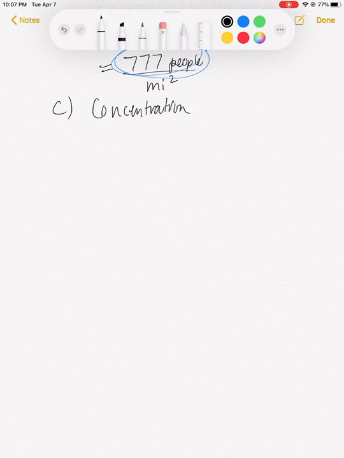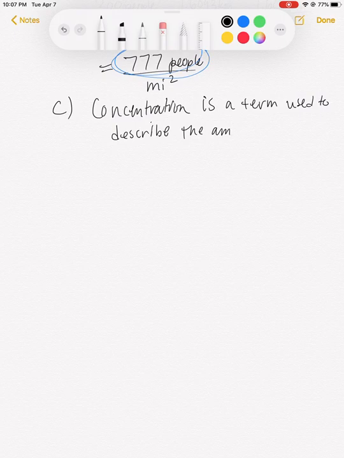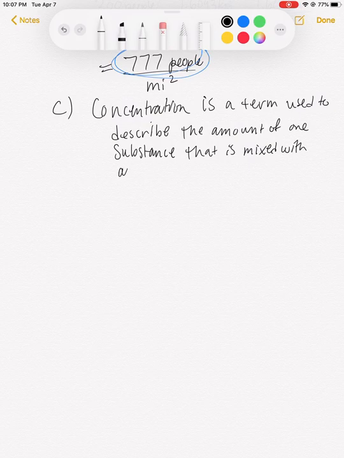Concentration in this sense is a term used to describe the amount of one substance that is mixed with another. All right, so here's our example.